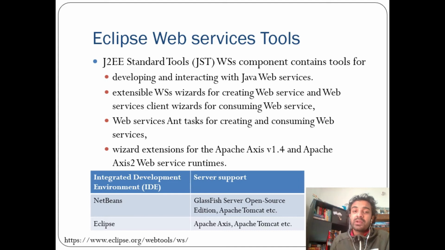What kind of features are in this project of the Eclipse IDE? Eclipse looks at two parts of the web service development tool. What is the first part? The first part is J2EE, meaning Java Enterprise Edition Standard Tools, JST, which is the first component for the development of Java-based web services, for developing and interacting with web services.